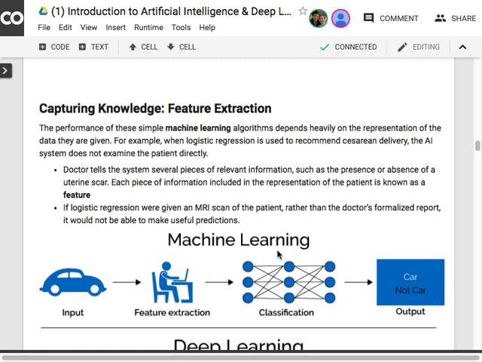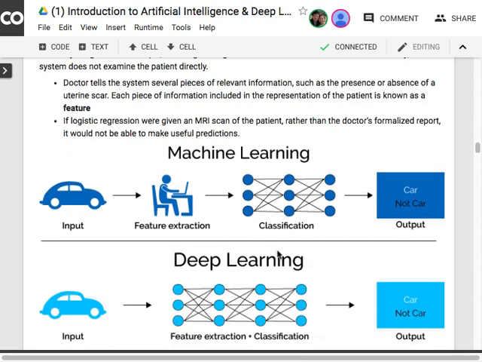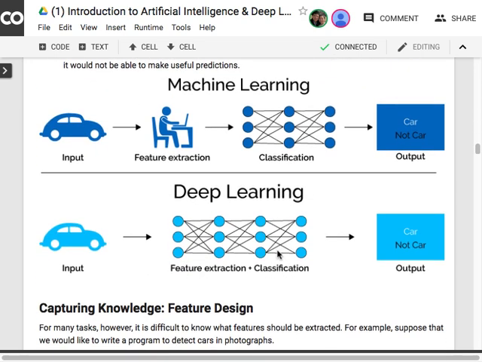Each piece of information is called a feature, okay? And in machine learning, they need humans to extract the features for them, okay? So, as you can see here, the input is here, and we need humans to do feature extraction, and then we do classification, and we get the output.